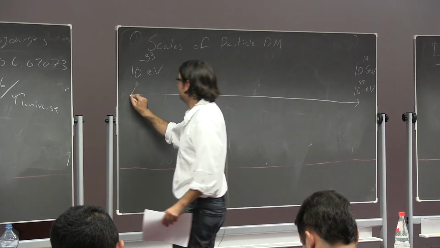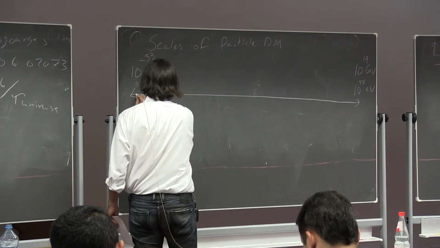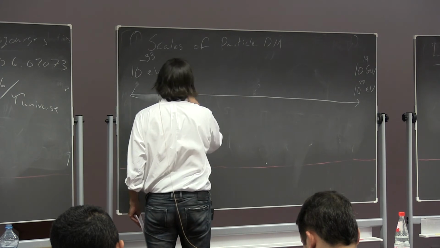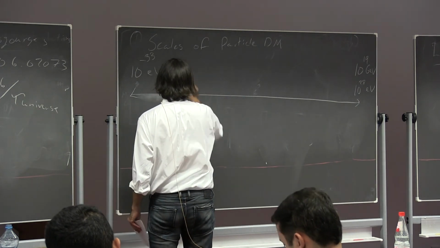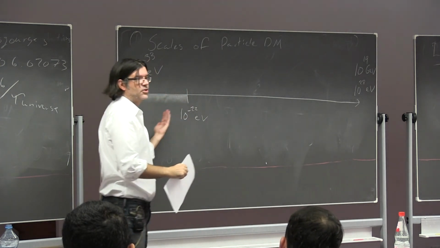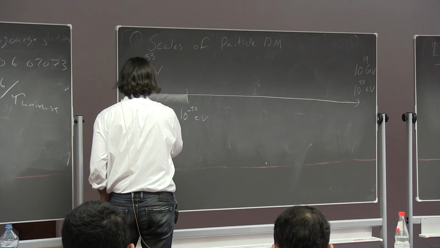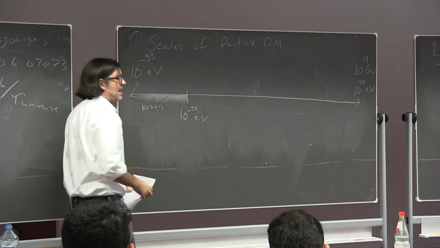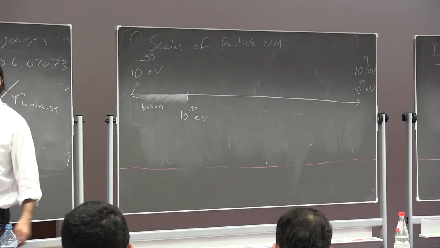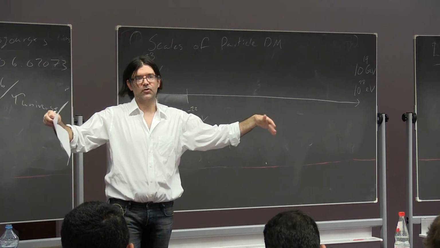If you have a boson, and this is not going to be well to scale at all, then below 10 to the minus 22 eV is excluded for a boson. The reason for that is that 10 to the minus 33 eV is the current Hubble parameter translated into natural units.